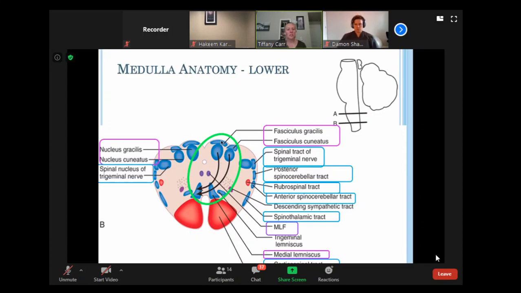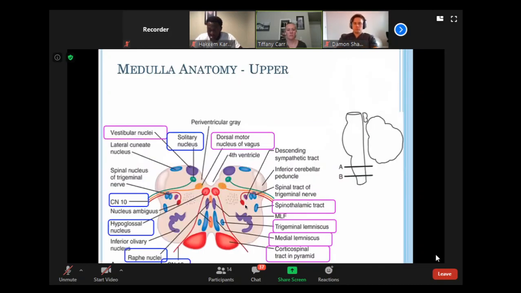Okay, so this is where the fasciculi are, and they're going to synapse on the nuclei, and then they're going to decussate in those internal arcuate fibers over to the medial lemniscus tract. And so just kind of seeing how those tracts are playing out and what they're going to be implementing if one of them is damaged.